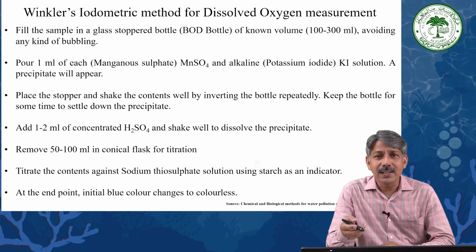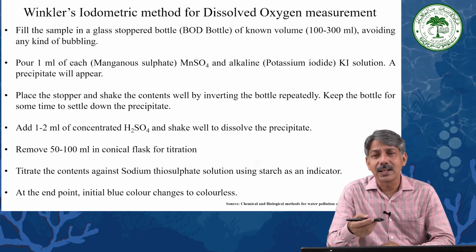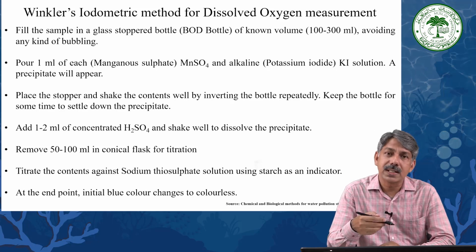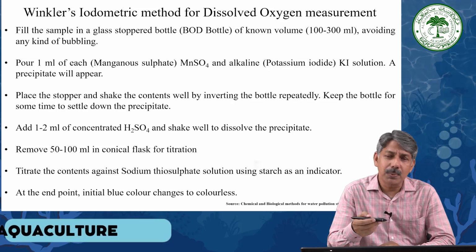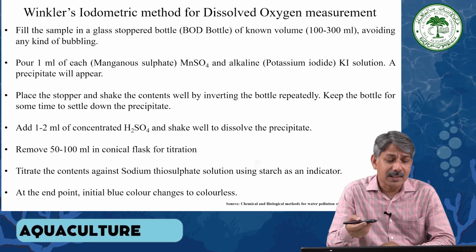So there are different methods. I'm not going to discuss them in detail. There are different methods of dissolved oxygen estimation. One of the most popular methods is Winkler's method.